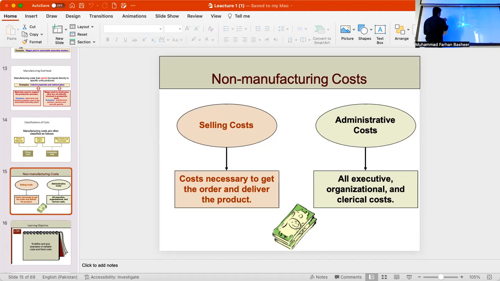Then we subtract selling and administrative expenses. Then here will be net profit.